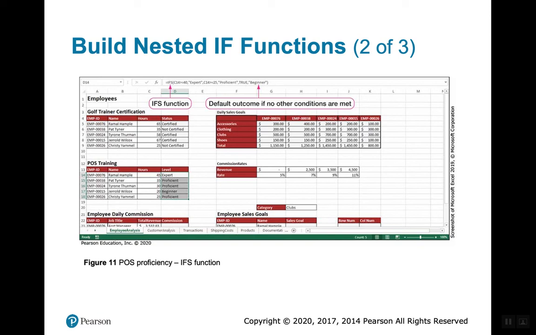If it's not greater than 40, we'll check the next one. Next one is, okay, is it greater than 25? Because if it's not greater than 40, then we check to see if it's between 25 and 40. And if it's not between 25 and 40, then it has to be less than 25. All right, so that's the logic.